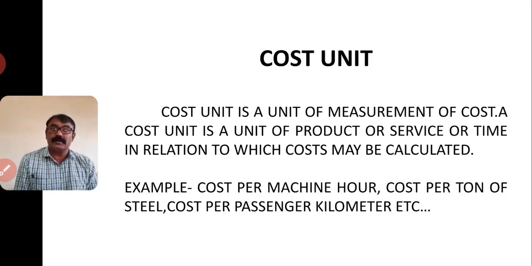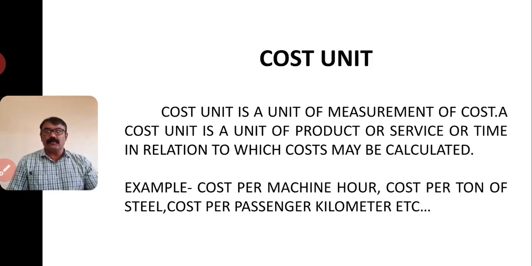It is a cost unit. And similarly, per passenger per kilometer. Here we can't take only one unit; we have to take two units, passenger and kilometer. For passenger and kilometer, how much will be the cost?